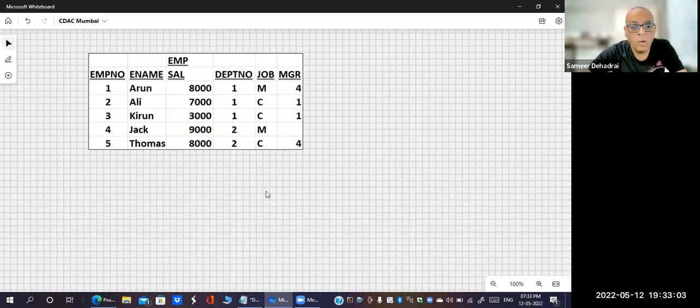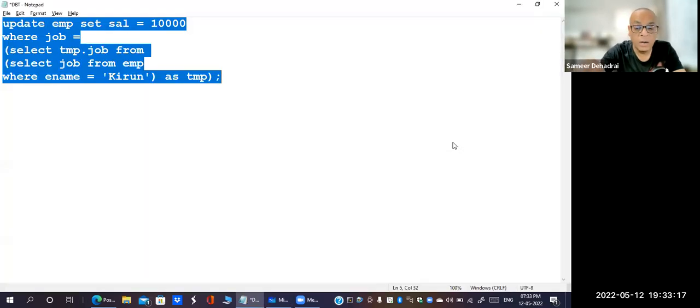But what to do if the subquery returns 2 rows, 3 rows, 10 rows, 100 rows? Then how to make it work? Let's see how to work with that.